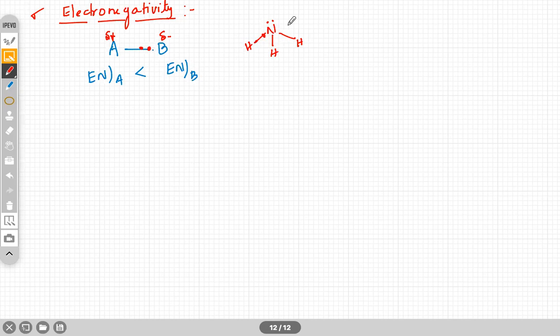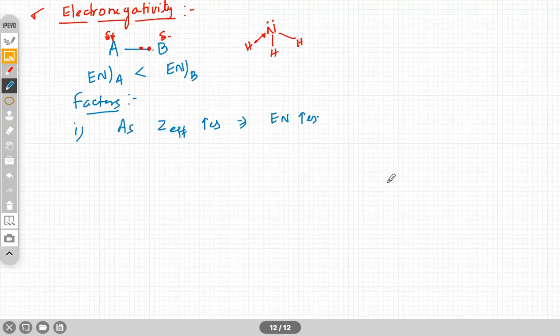Okay. So for electronegativity, we have many factors. The first one: as Z effective increases, electronegativity increases. Remember, I have discussed this in GOC also. It is the opposite of electropositivity. Okay, this is the first factor.